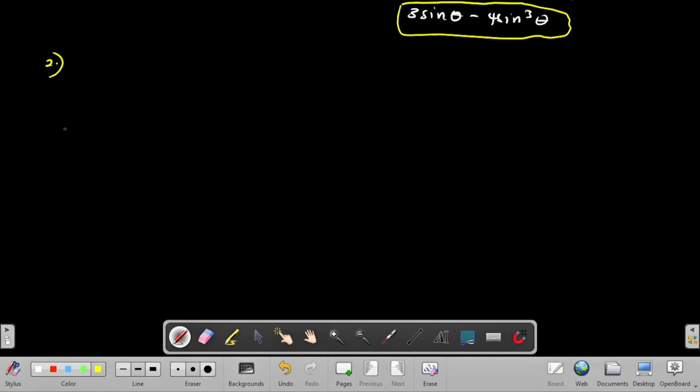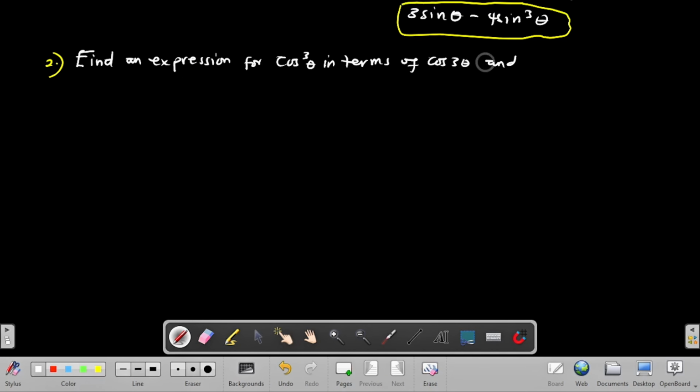Example 2, right? With this example, it says find an expression for cos cube theta in terms of cos 3 theta and cos theta.